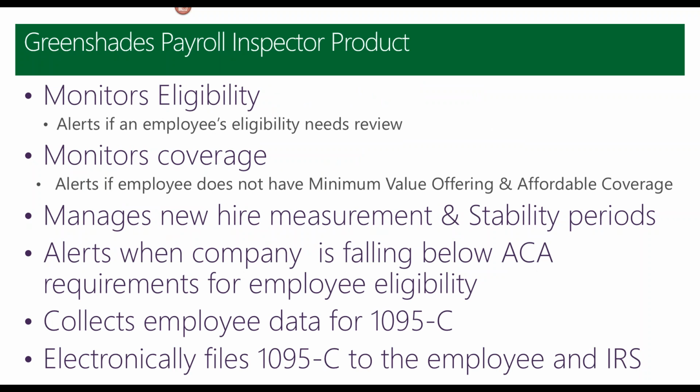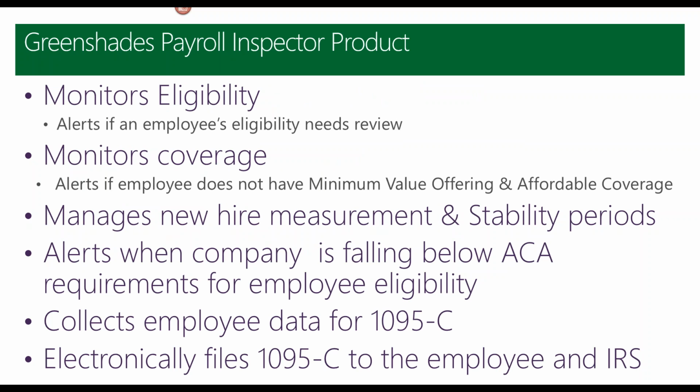Like I said, it monitors eligibility, alerts if an employee needs review, monitors if an employee does not have minimum value offering and affordable coverage, which is the term the IRS uses, and manages new hire measurement and stability periods. Involved in this act, there's stability periods, look backs, new hire, all of that kind of stuff.